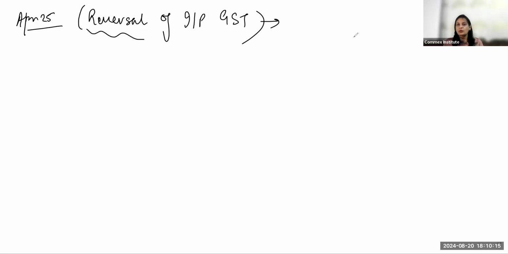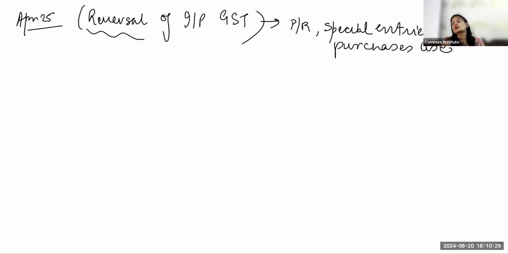So GST is reversed in case of purchase returns and all those special entries where purchases used to be credited. I hope you remember the journal test you all have given. In the special entries where we credit the purchases account, it is usually debit, being an expense.